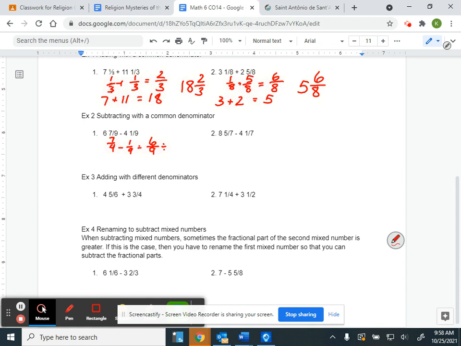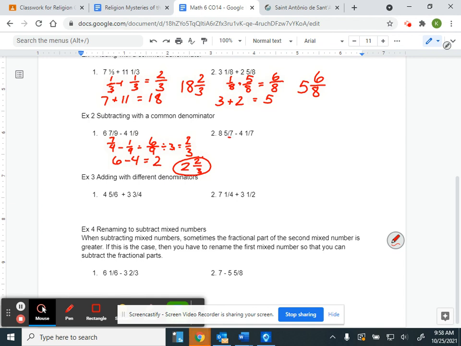What did you divide out? So it's not 1/3, it's 2/3. Because 6 divided by 3 is 2, 9 divided by 3 is 3. Now I look at my whole numbers. 6 minus 4 is 2. I'm going to put my whole number and my fraction together. 2 and 2/3.